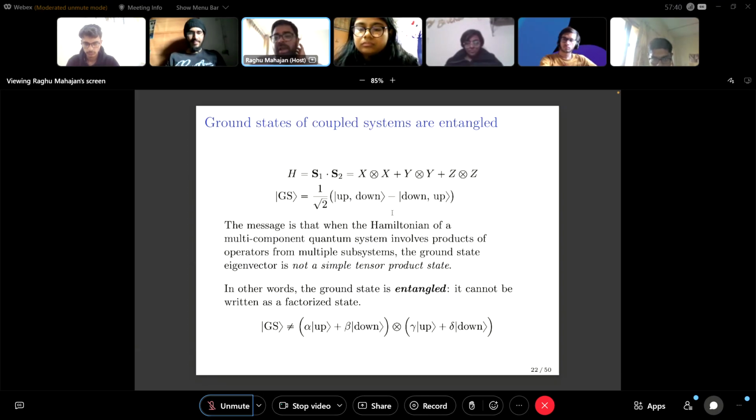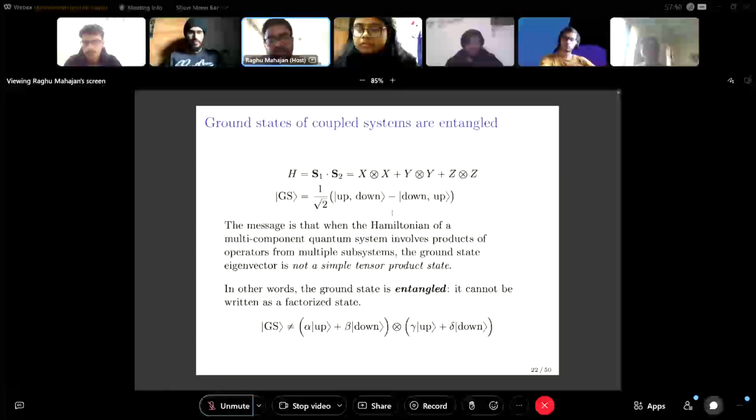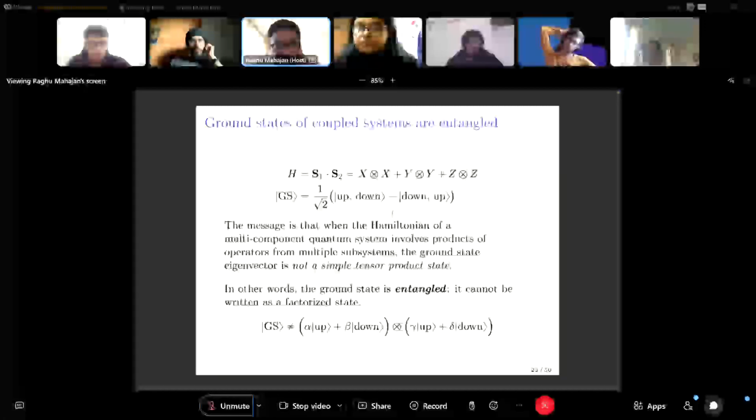So this is what entanglement means. States are entangled when there are forces between particles and we have these states that cannot be factored out. So I hope this part at least is clear to people who have taken some quantum mechanics.